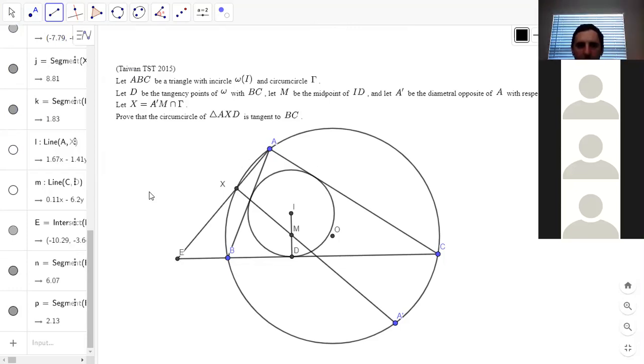I don't know if that helps. So we want EX times EA is EB times EC, and we want to show that's equal to EB squared.